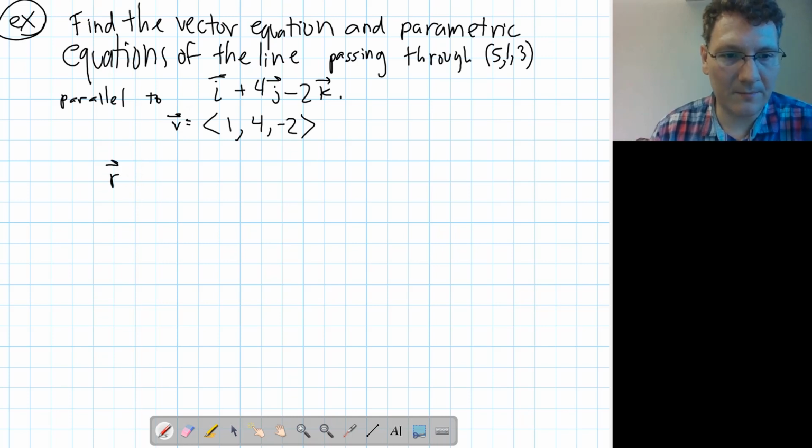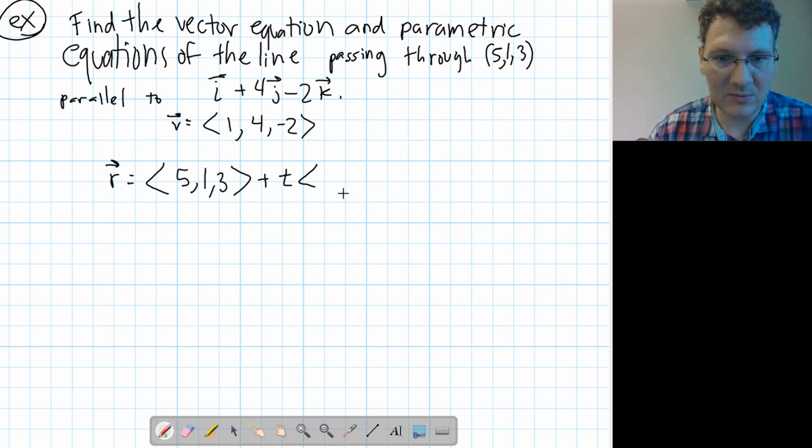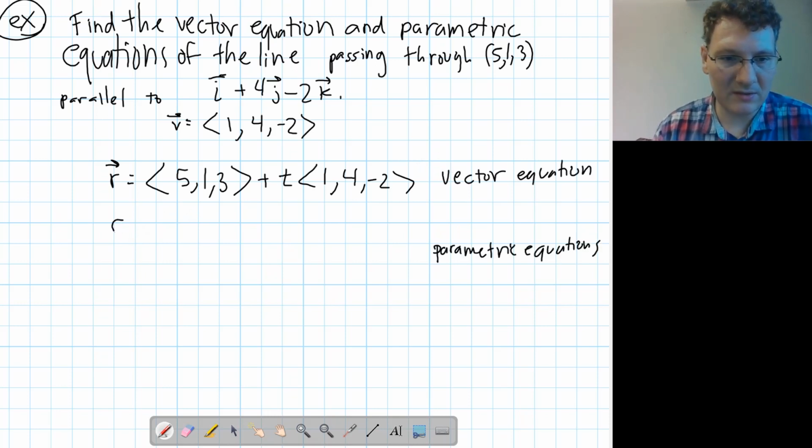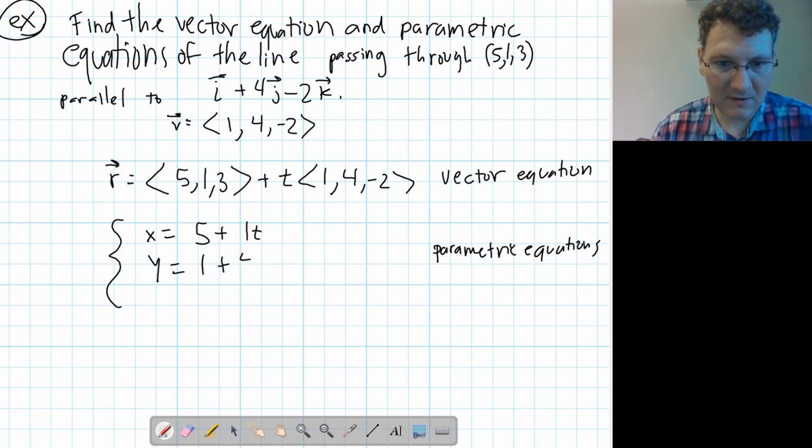It would look like this. We'd have r equals the vector 5, 1, 3 plus t times 1, 4, minus 2. This would be the vector equation, and the parametric equations would be x equals 5 plus 1t, y equals 1 plus 4t, and z equals 3 minus 2t.